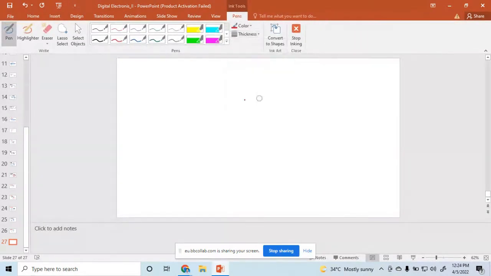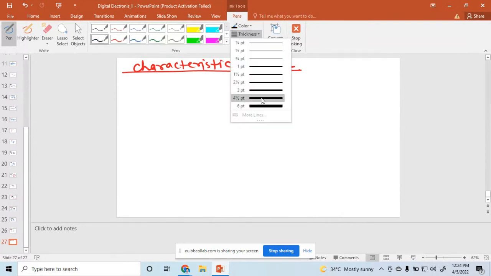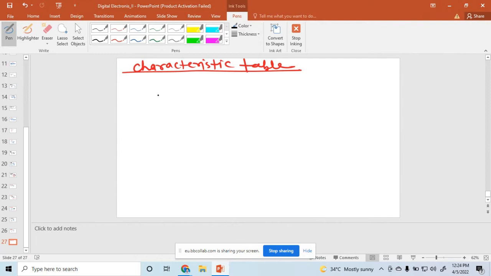Okay. Understood. So after the characteristic equations and truth table, we draw the characteristic table. How to write down the characteristic table? In the characteristic table, I'm writing here like SR flip flop.